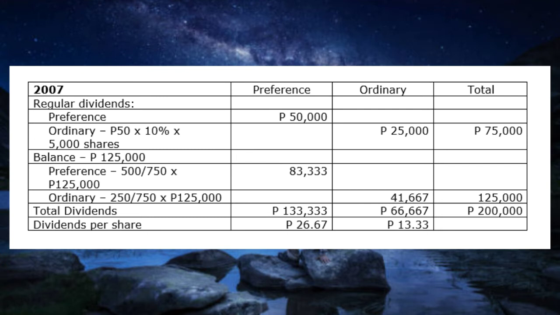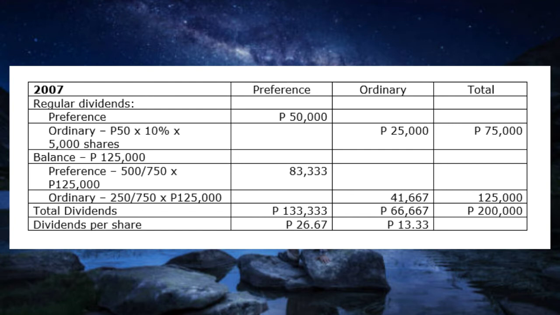Preference: 500 divided by 750 times 125,000 pesos is equal to 83,333. Ordinary: 250 divided by 750 times 125,000 pesos is equal to 41,667 pesos. Total is 125,000 pesos.